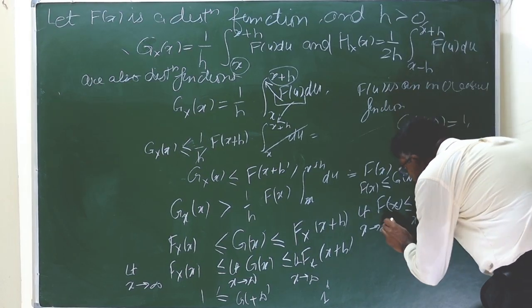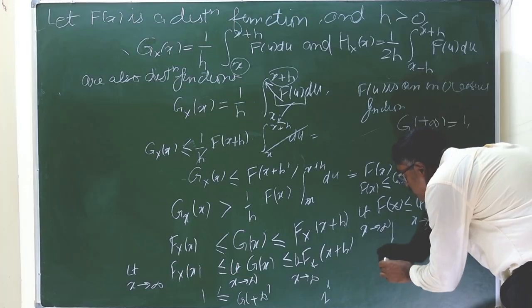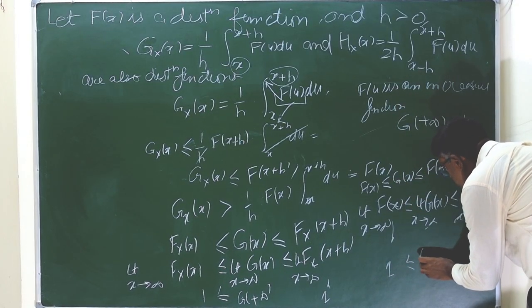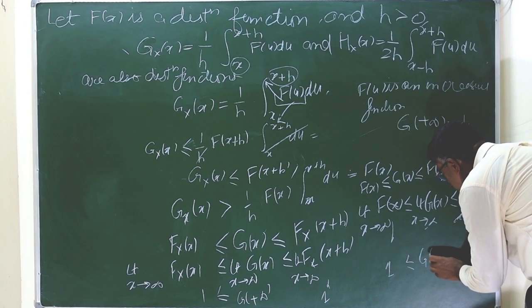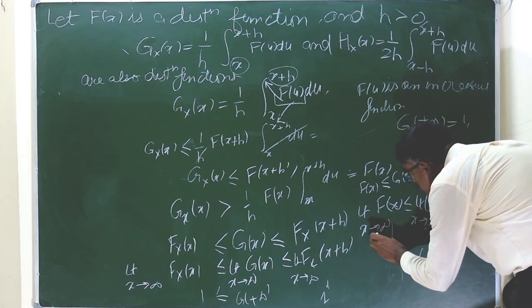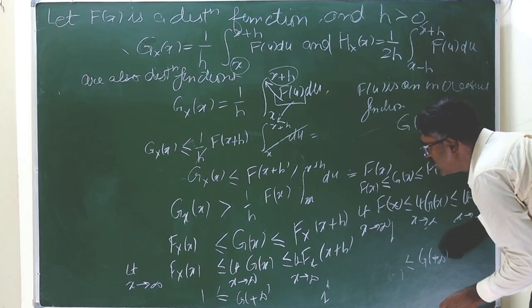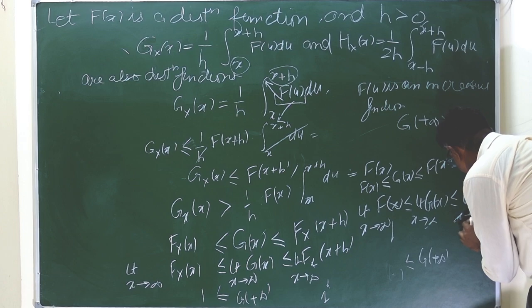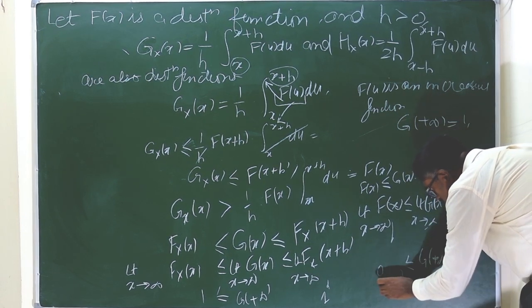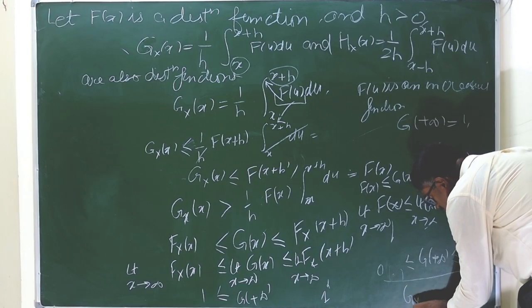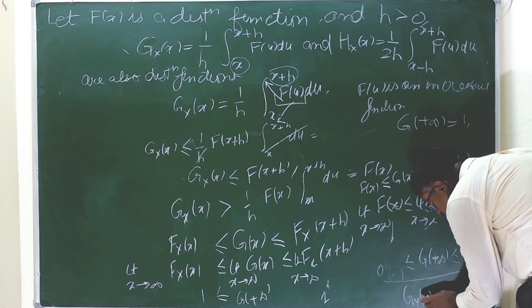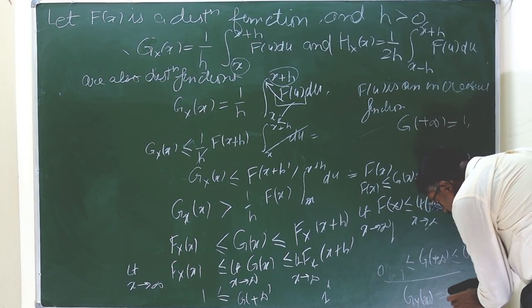So we know that as x approaches minus infinity, this is 0, and g(x) is lying between two zeros, so g(x) at minus infinity is 0.